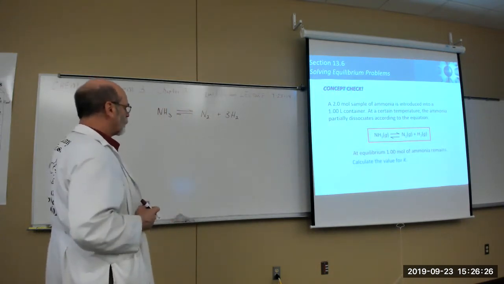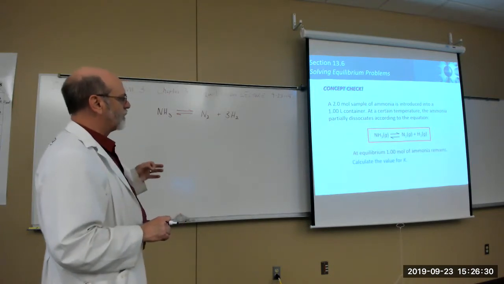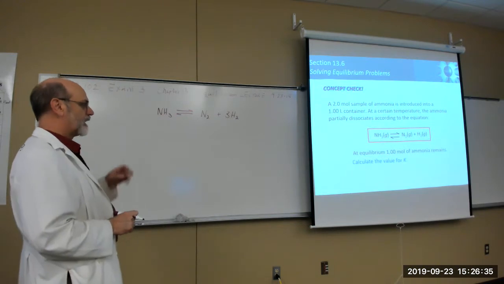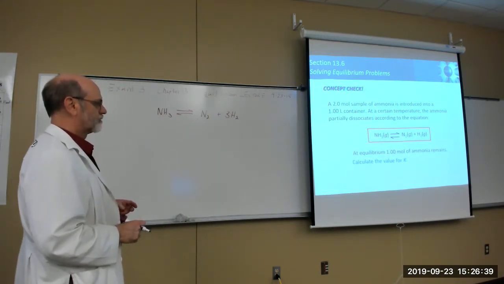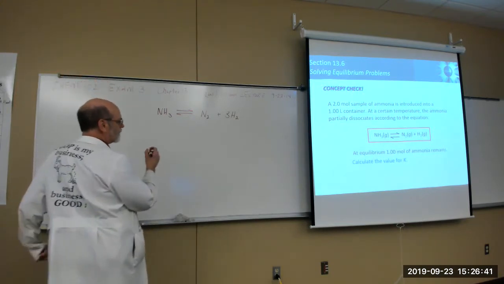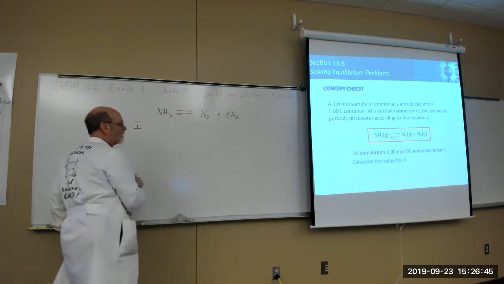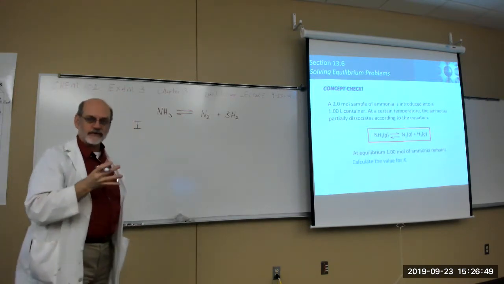So what is it telling us? A 2 mole sample of ammonia is introduced into a 1 liter container at a given temperature, and ammonia partially dissociates. So the initial conditions: 2 moles of ammonia in a 1 liter container.